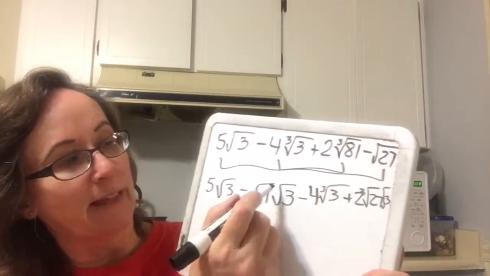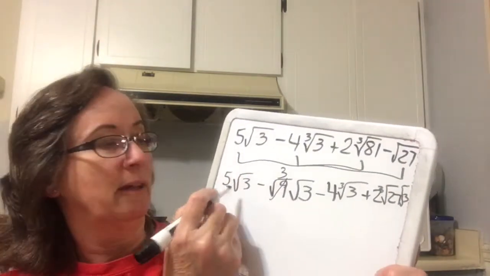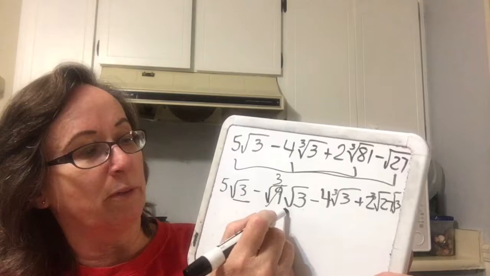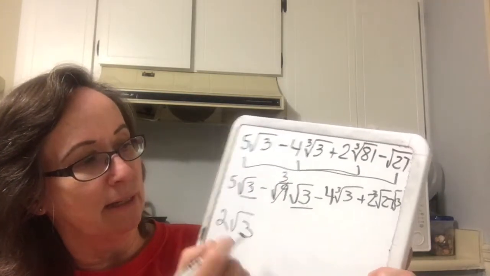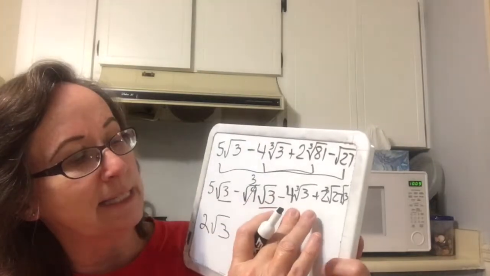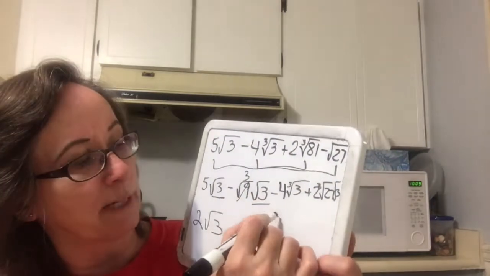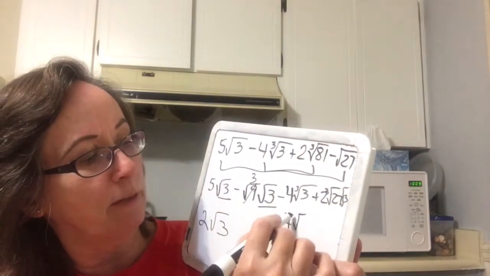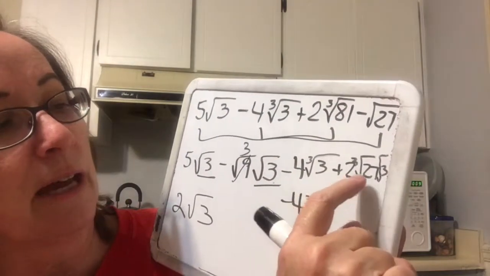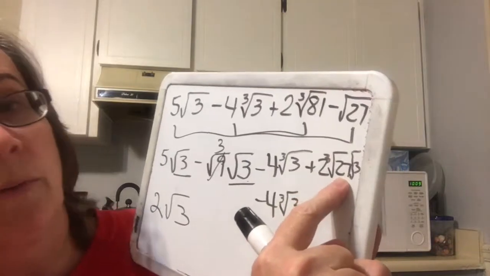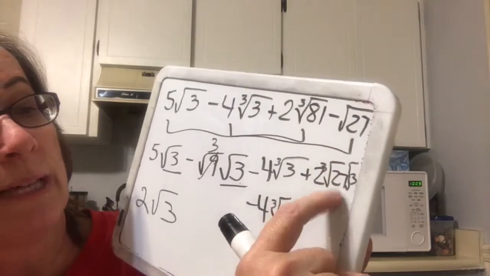So now we've got, this one becomes a 3. And since they're both square roots of 3, I can combine these two, square root of 3. And then I've got a minus, let me just write this a little bigger, -4 cubic root of 3. Notice that this is 2 times the cubic root of 27, and the cubic root of 27 is 3.